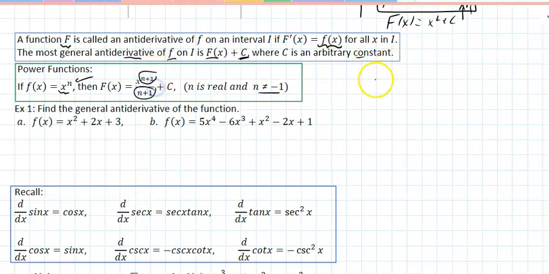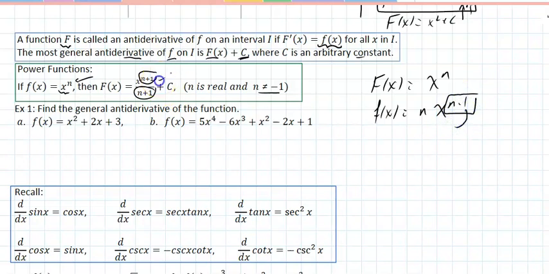So basically, remember, if I take a derivative, if f of x is a power function, then the derivative, bring the power down, subtract 1 from the power. To undo that, you would add 1 to the power and divide by that new power.